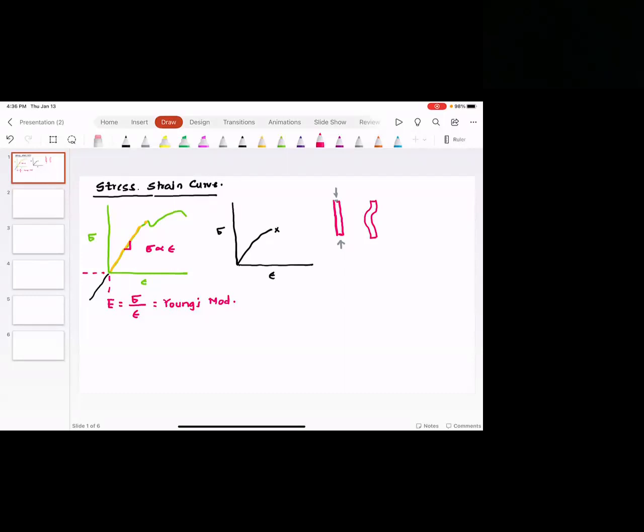So Young's modulus is defined for normal stresses. Similarly, there is something called the shear modulus, which is the shear stress divided by shear strain, also called the modulus of rigidity. And this is also called the shear modulus.